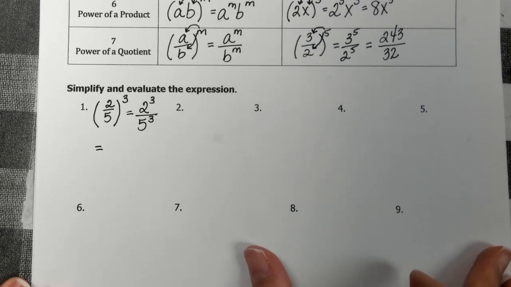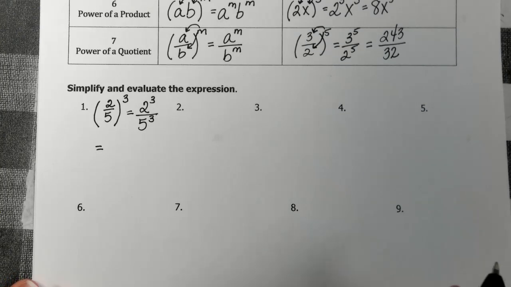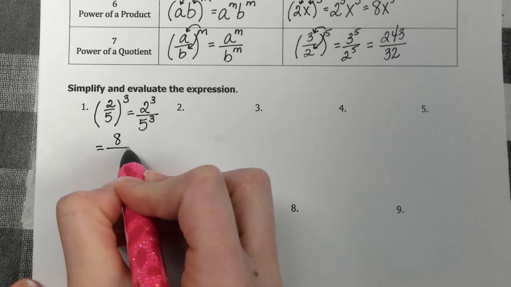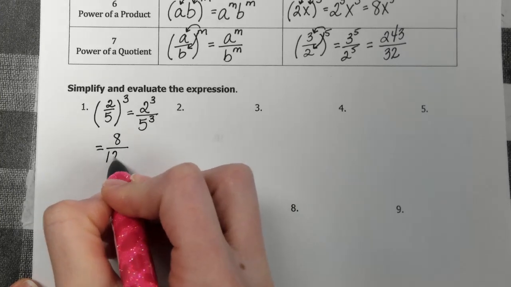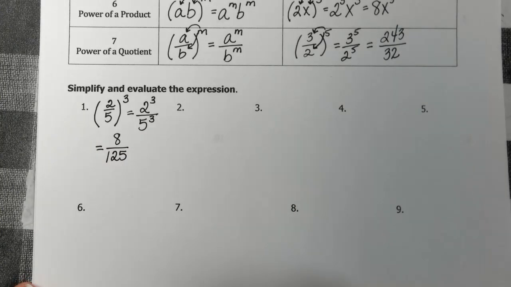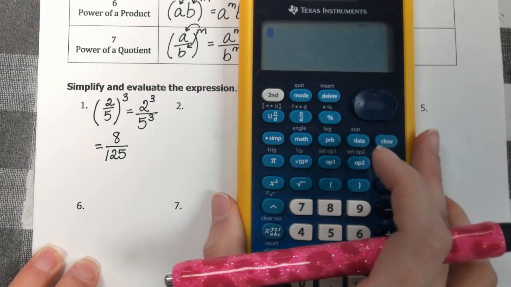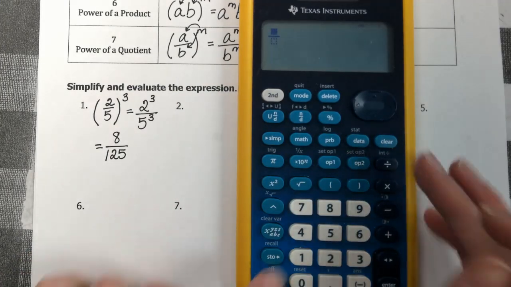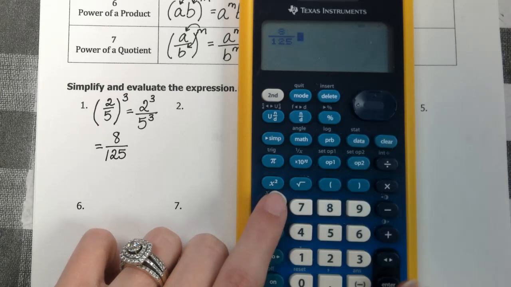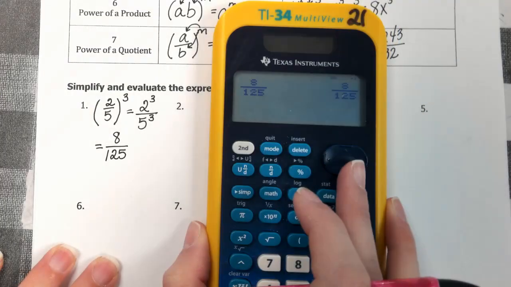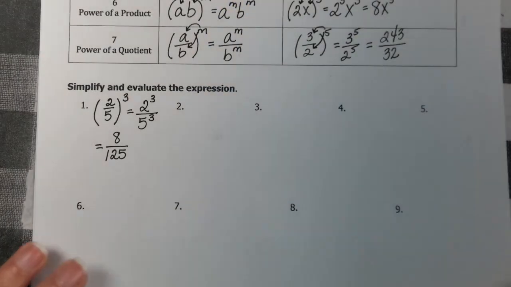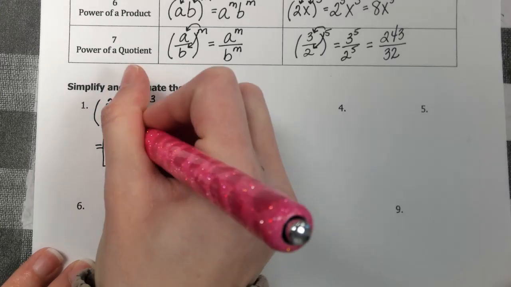And then I evaluate it. 2 to the third power is what? 8. Good. 5 to the third power is 125. Now, it's a good habit to check to see if it could simplify. It doesn't take long. You literally just put your fraction, 8 over 125. If it stays the same, you can't simplify it. Okay, so this would be my answer.